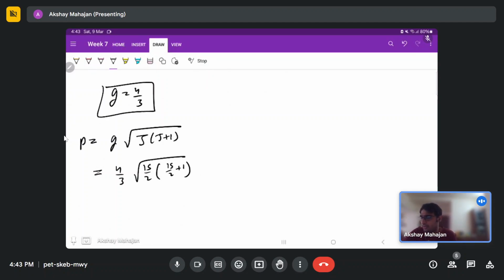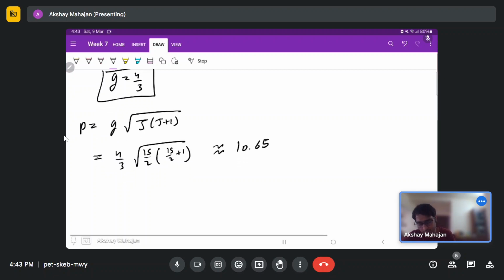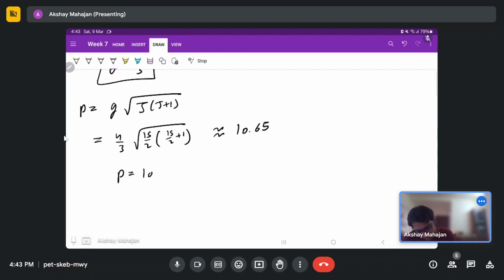If you do the calculation, it will give you approximately 10.65. So P will be equal to 10.65.